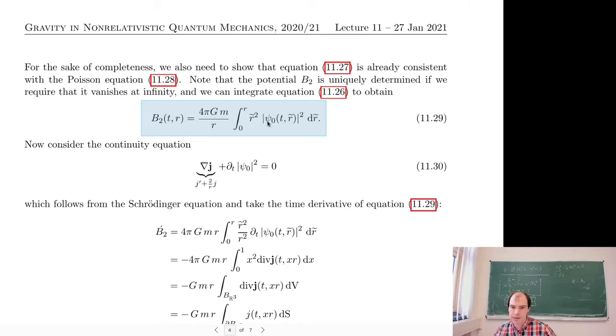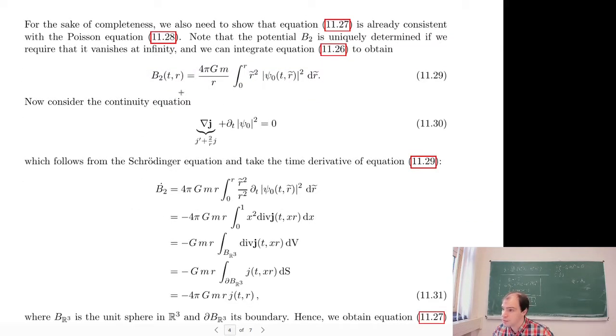B2 is simply an integral of the absolute value of psi 0 squared. Now we take the time derivative of this expression, which gives us a time derivative of the absolute value of psi 0 squared. And with the continuity equation, we can express this time derivative of the wave function squared by the divergence of the probability current in this way.